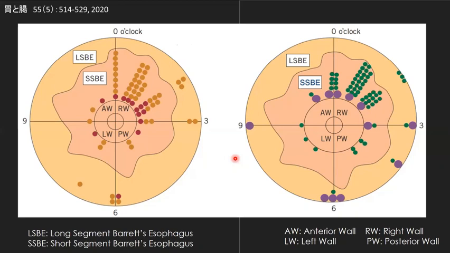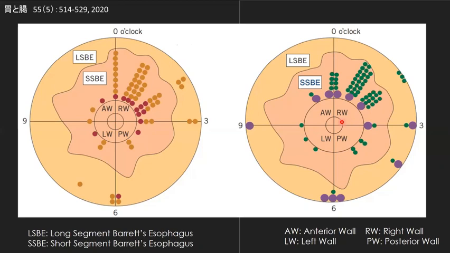This is the reason why most reflux is on the right side, and short segment Barrett's esophagus most commonly happens on the right side wall. So that kind of recording is very important in order to follow our GERD or Barrett's esophagus patients.